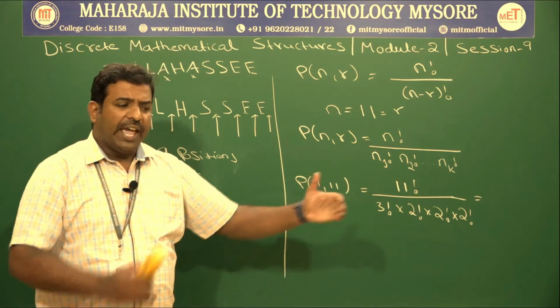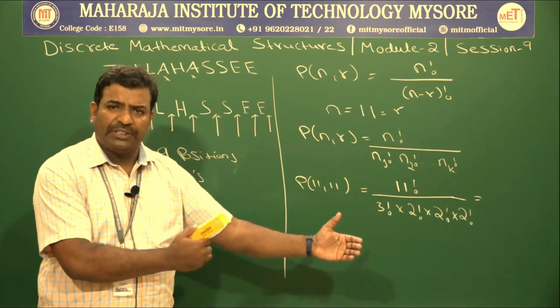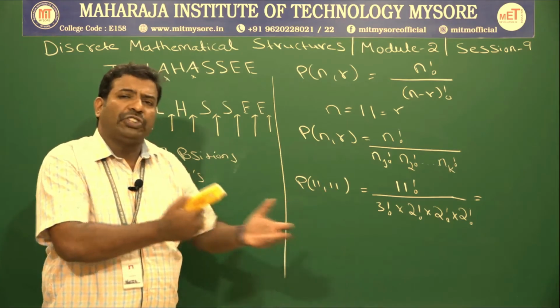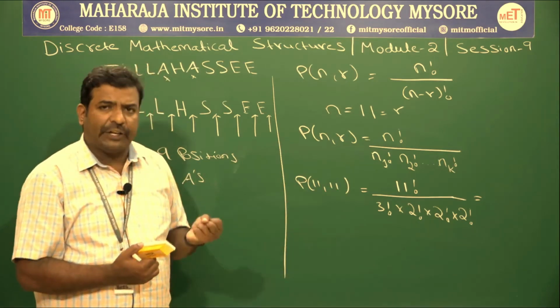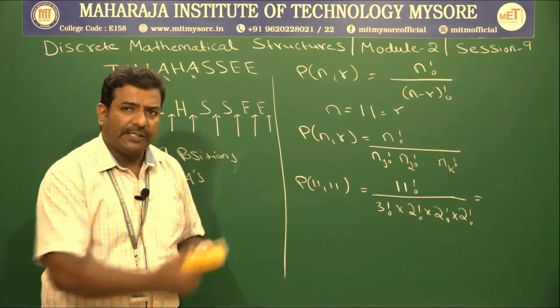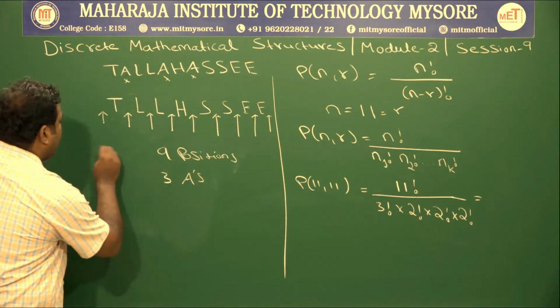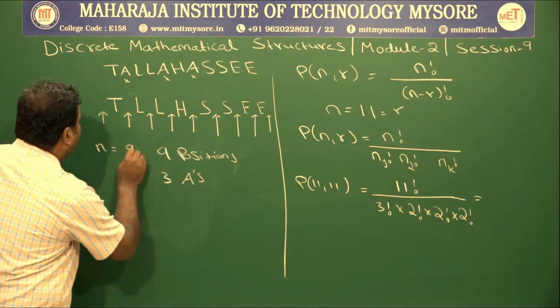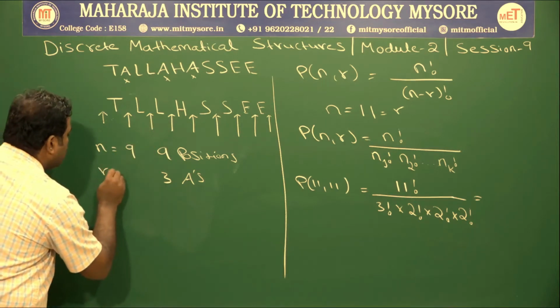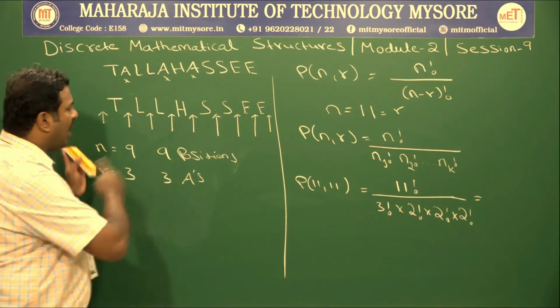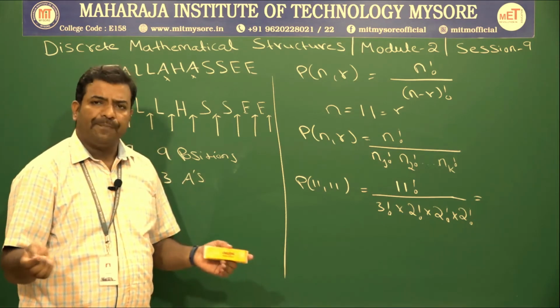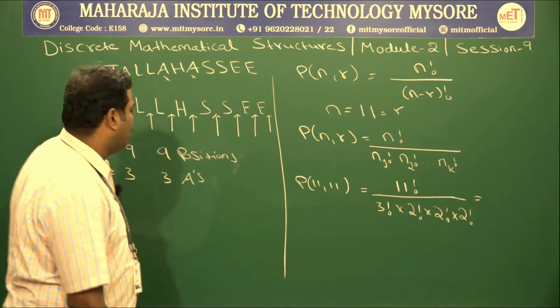9 positions. The available positions become n, and the number of positions I want to select to insert the 3 A's becomes the value of R. Hence, in this case, the value of n is going to be 9, and the value of R is going to be 3. And as the order doesn't matter, it's going to be a combination for me.